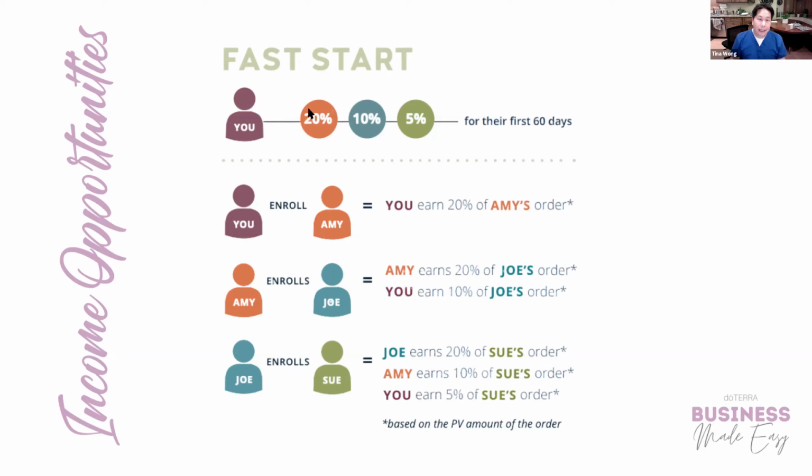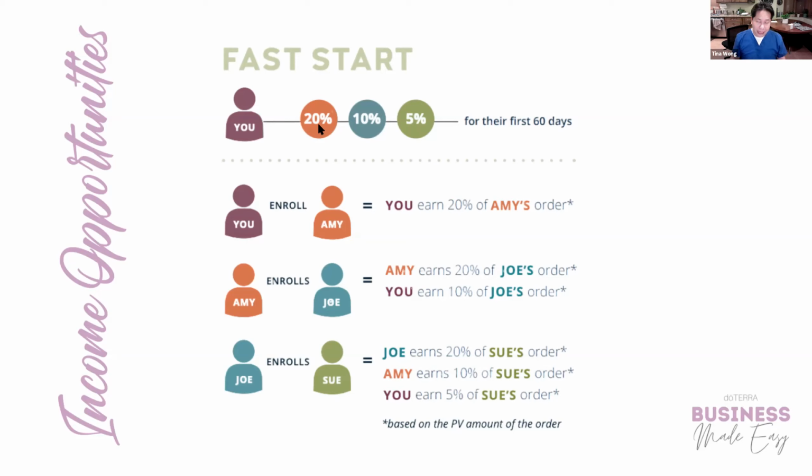Now what that means is, it's paid weekly, which means you can actually earn enough commission to pay for your monthly order by enrolling a few people, even before you have to pay for your product for that month.